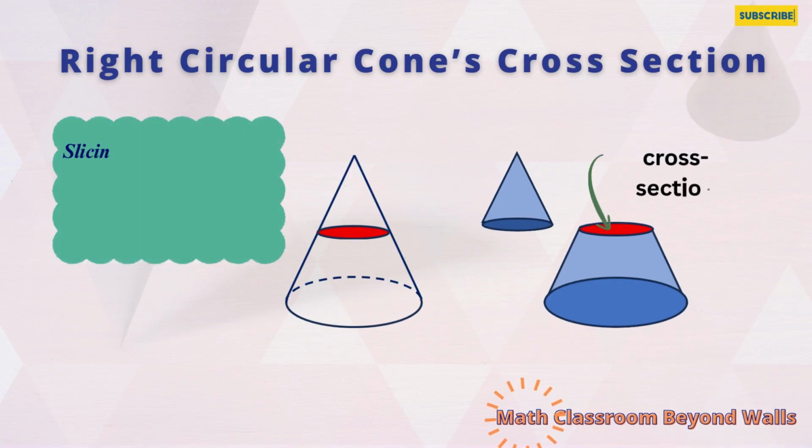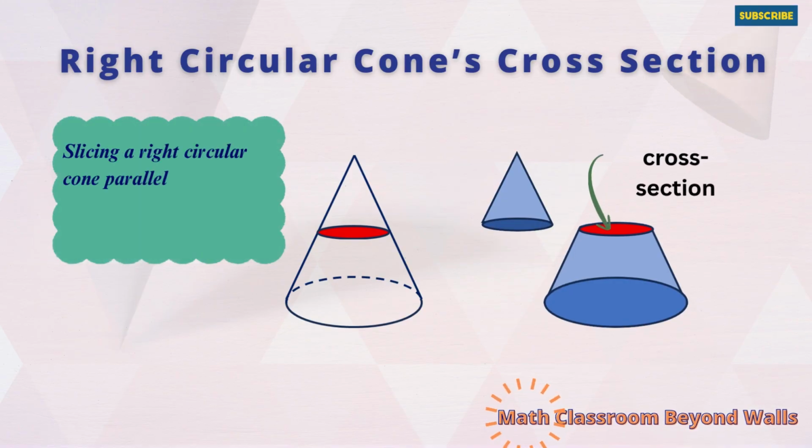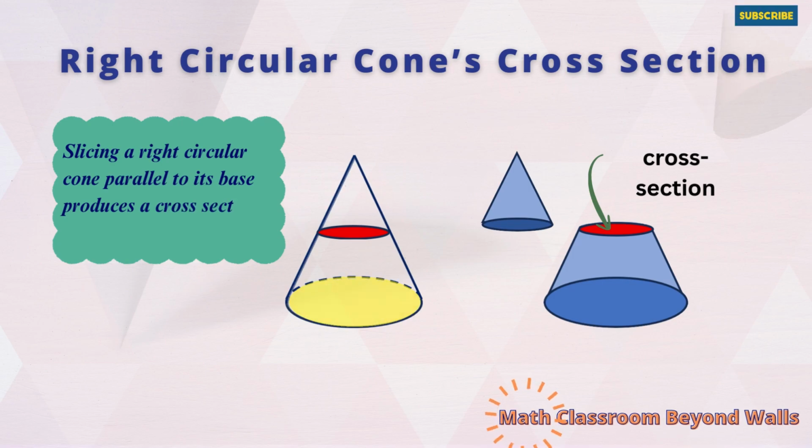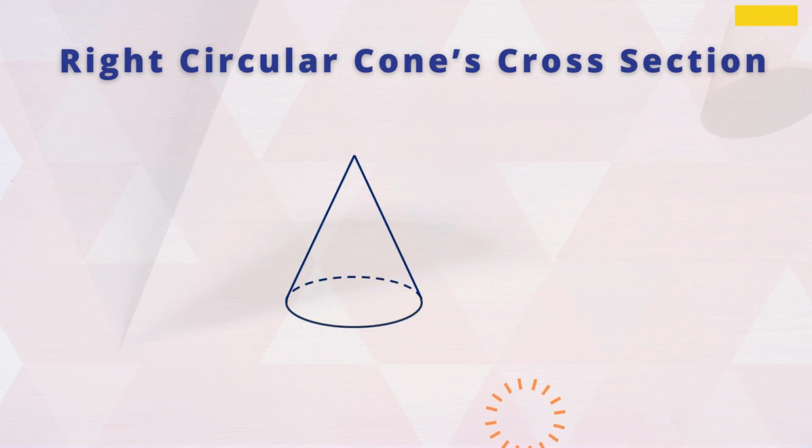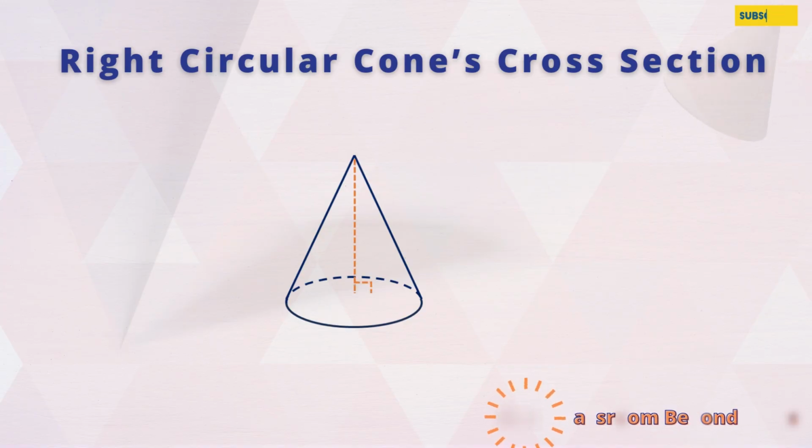Okay, so slicing the right circular cone parallel to its base produces a cross-section similar to its base. Here, the base is a circle, so the shape of the cross-section is also a circle. Did you see that, learners? How about if we slice the cone from its apex going down perpendicular to its base?